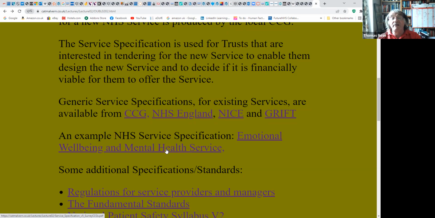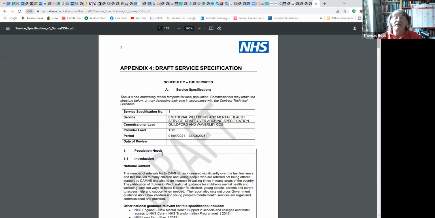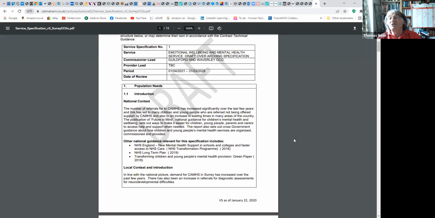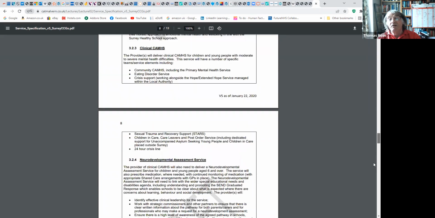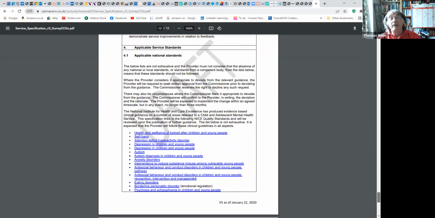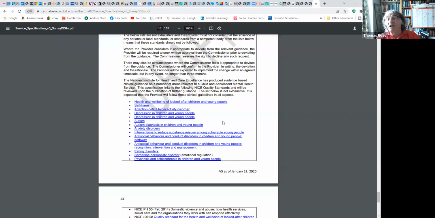Emotional well-being and mental health services. I just wanted to show you one thing in this document, and I've got to go right down to nearly the bottom, where it talks about the specifications that the deliverers of this service have got to meet. And you can see it's quite an extended list. And at the end of it, they say, well, if there's any other specifications that we've missed, you've got to meet them as well.